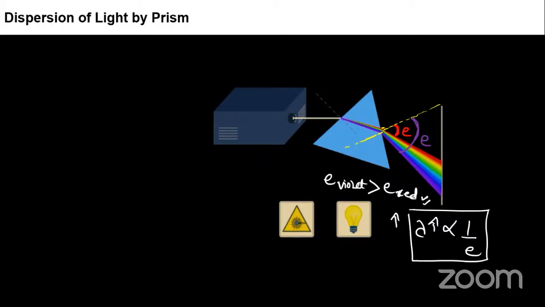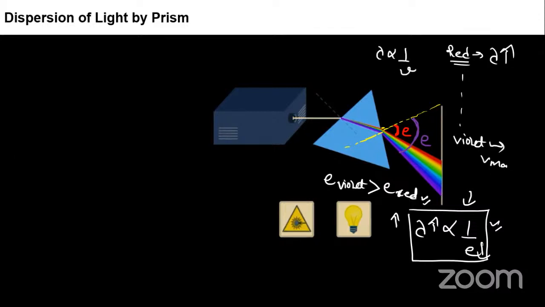Don't take it as an equation to solve numericals; it's just a mathematical interpretation of what we have concluded: if you increase lambda, the emergent angle will decrease. In the visible spectrum, red has the highest wavelength, and frequency is inversely proportional, so violet has the maximum frequency.